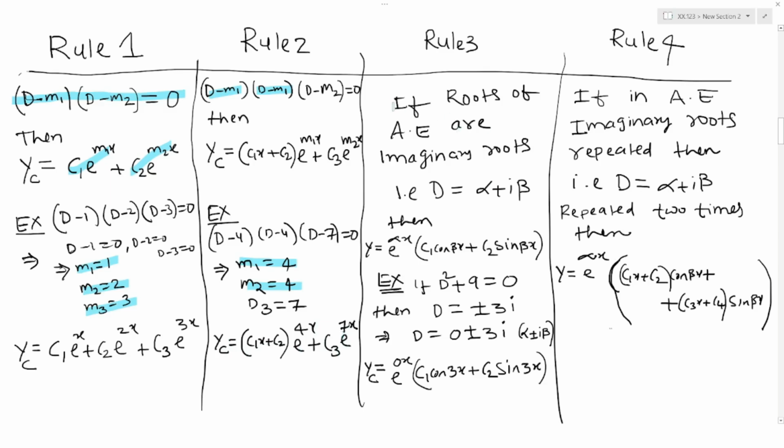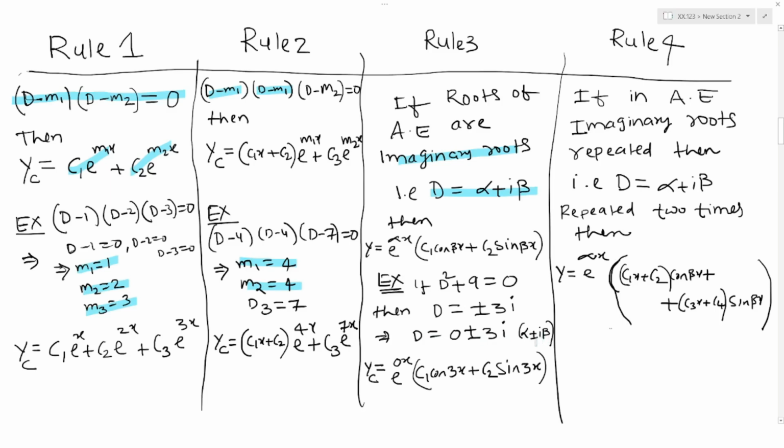Now rule number 3. The roots are imaginary roots. Example, D equals alpha plus i beta. That is, the m value is alpha plus i beta. So what is the solution? y equals e raised to alpha x and in the bracket c1 cos beta x plus c2 sin beta x. Here I got the example D square plus 9 equals 0. So we get D equals plus or minus 3i, that is alpha plus or minus i beta.